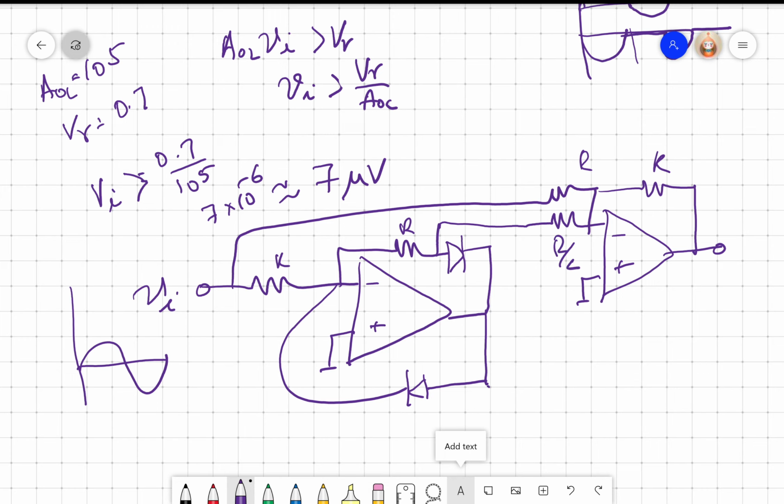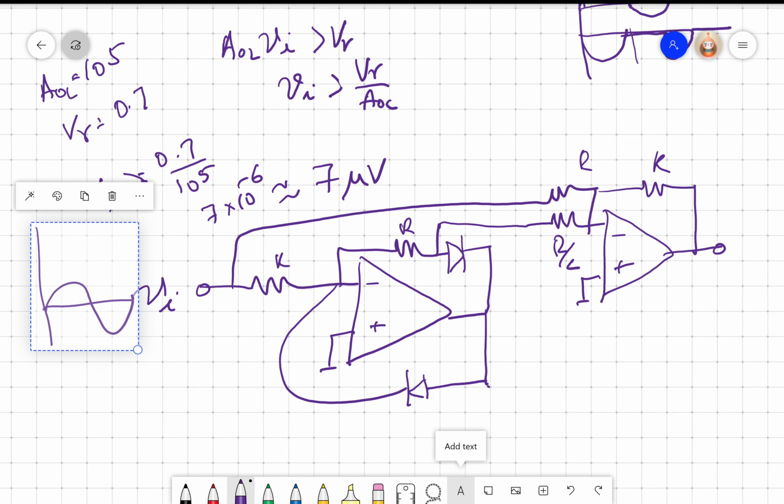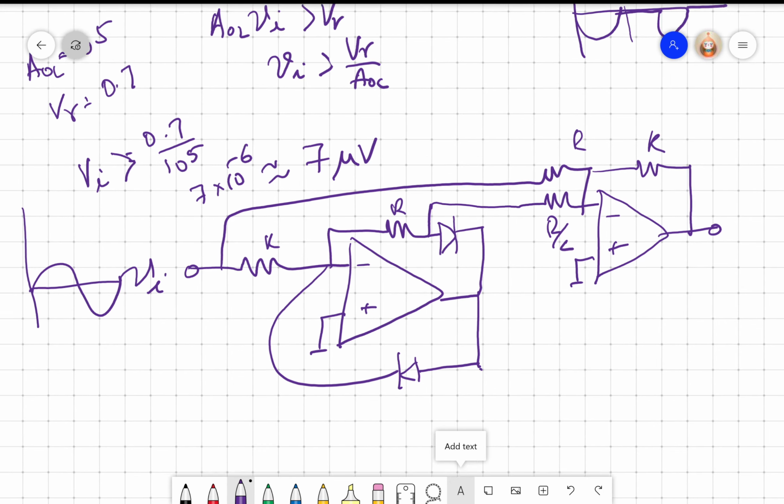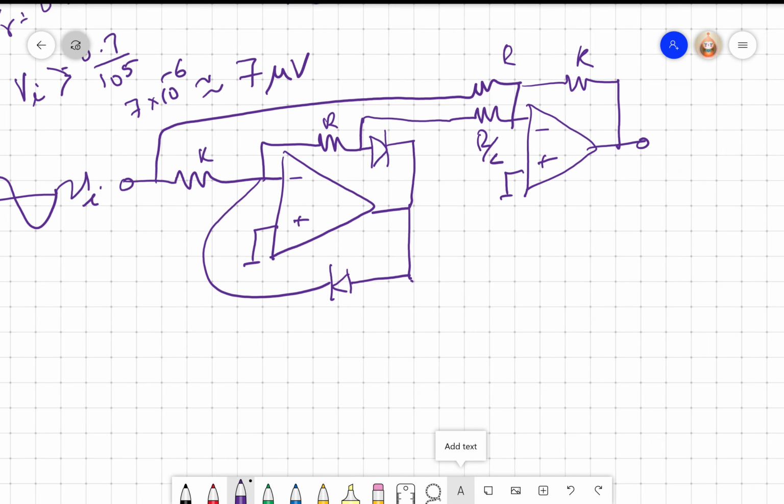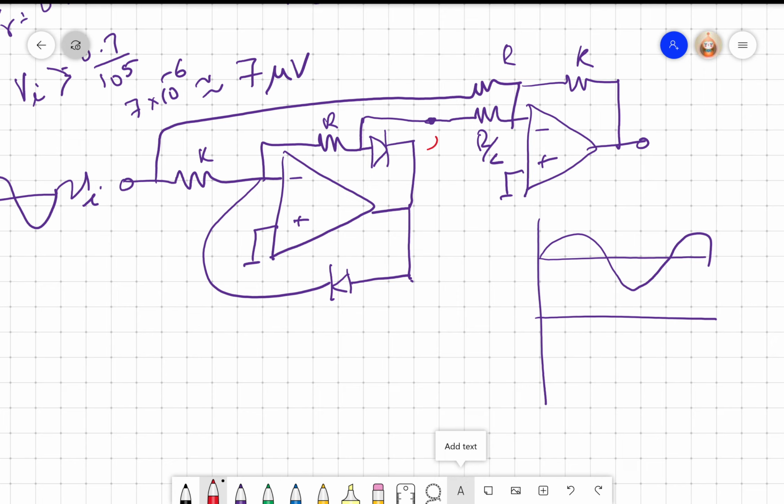Because this voltage we already know, right? If this is my input, this output, I call this E0 1, right?